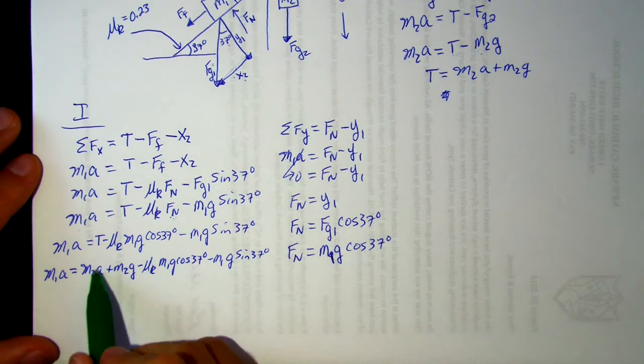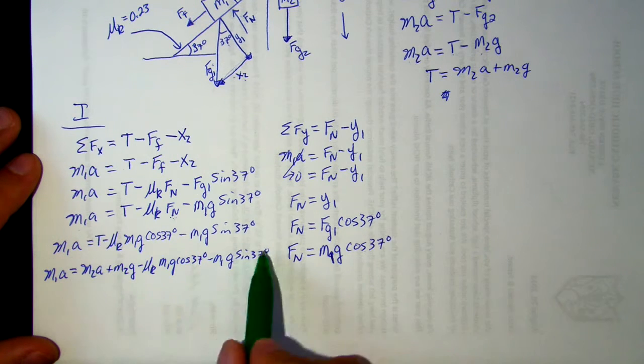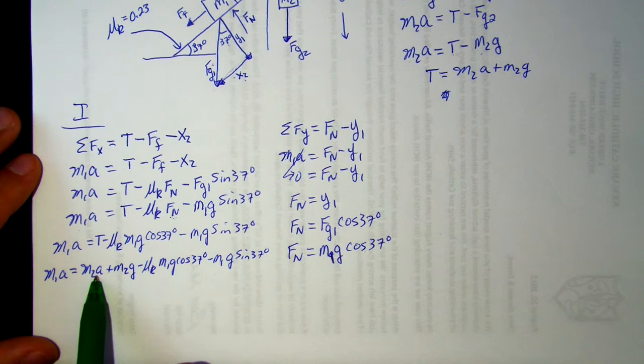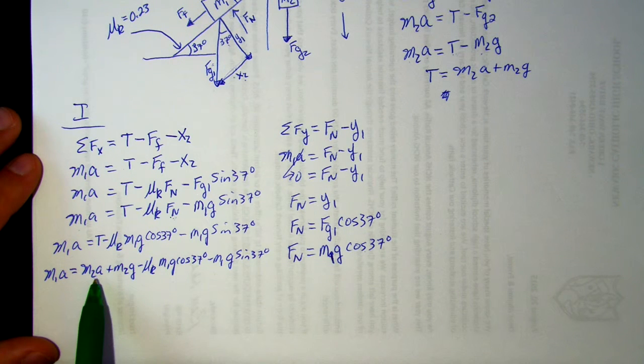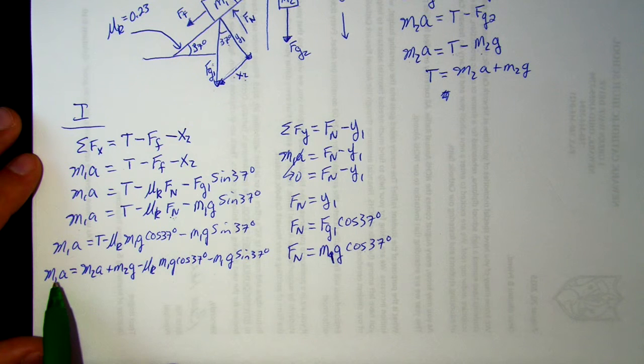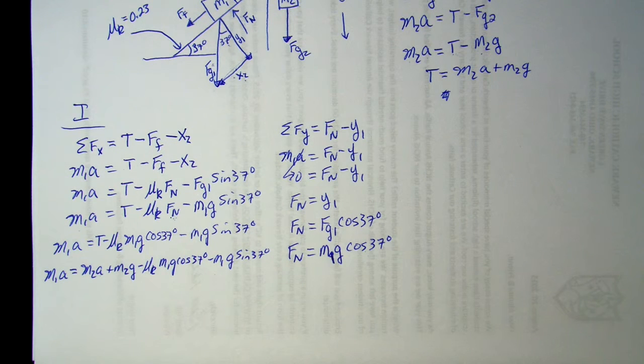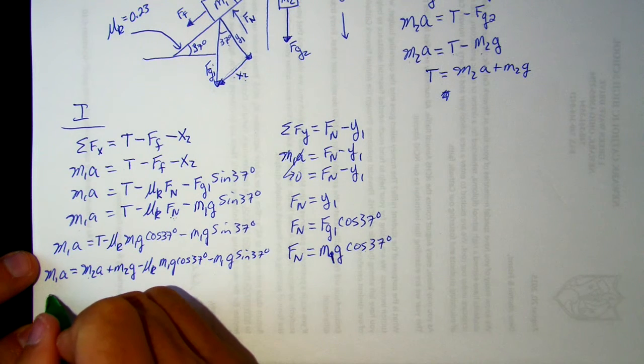We have everything now except for a, so we need to solve for a. And in order to solve for a, since there's two a's in this equation, I need to get all the a's on one side, factor out the a, and divide away everything else. So I'm going to subtract m2a.